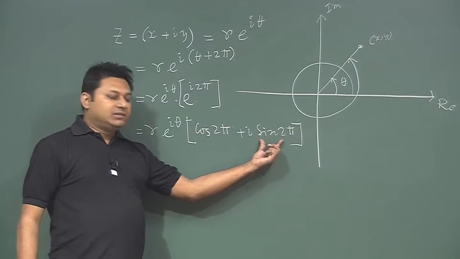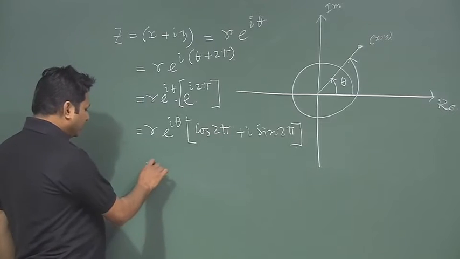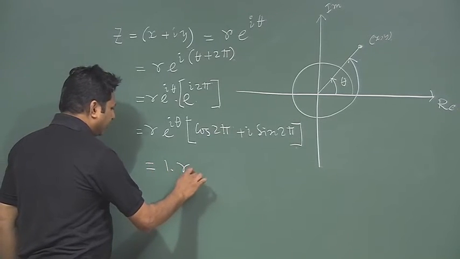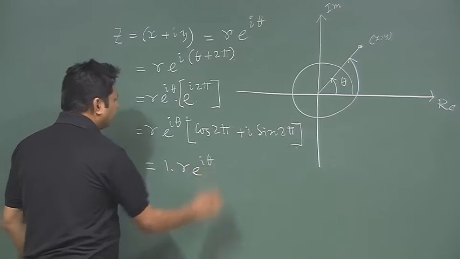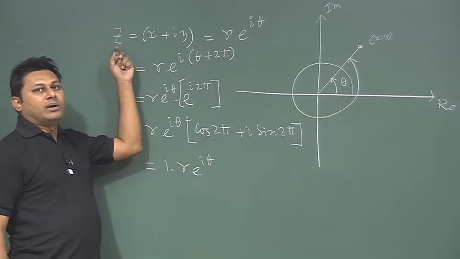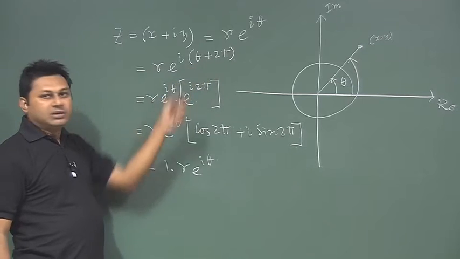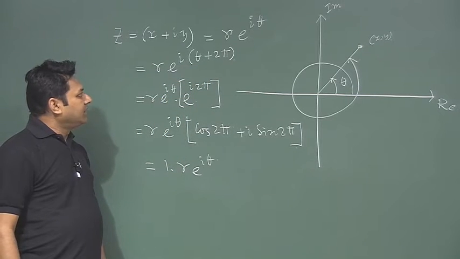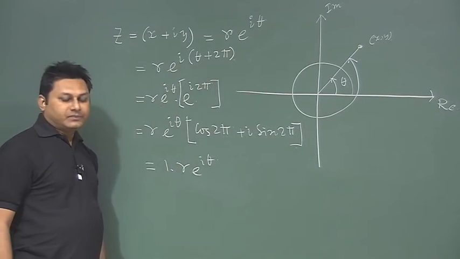Sin of 2 pi is 0, cos of 2 pi is 1. So eventually I am having 1 multiplied by e to the power i theta, which is the original value, and for that I am getting the same point r, but theta is now changed to theta plus 2 pi.